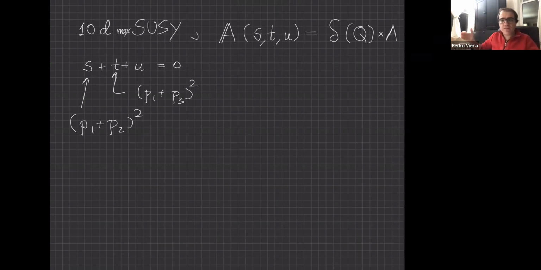So if I have a theory with maximal supersymmetry, if I know how to scatter one, all other particles are related. So let's just remind ourselves, for example, at tree level, this A would be 1 over STU at tree level.